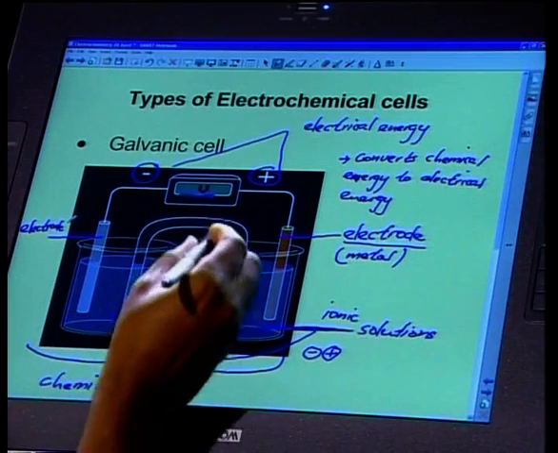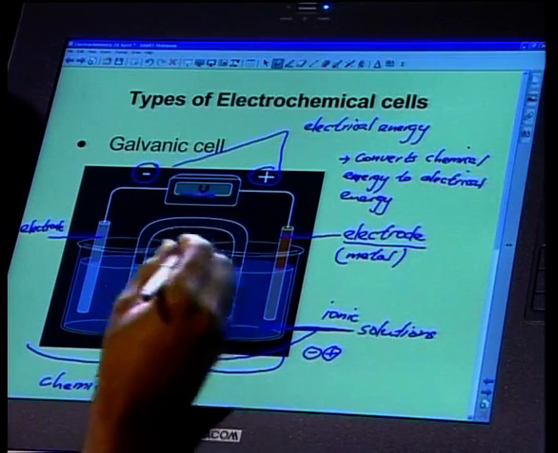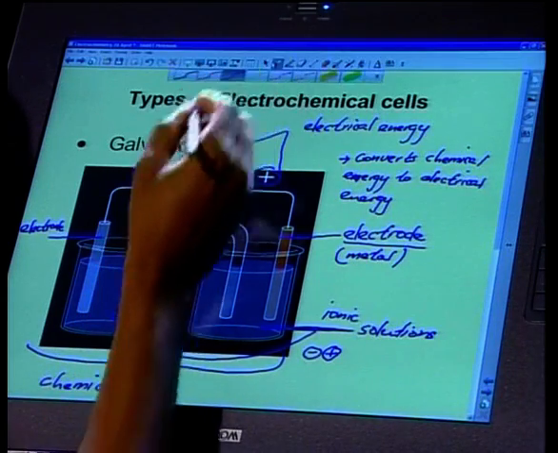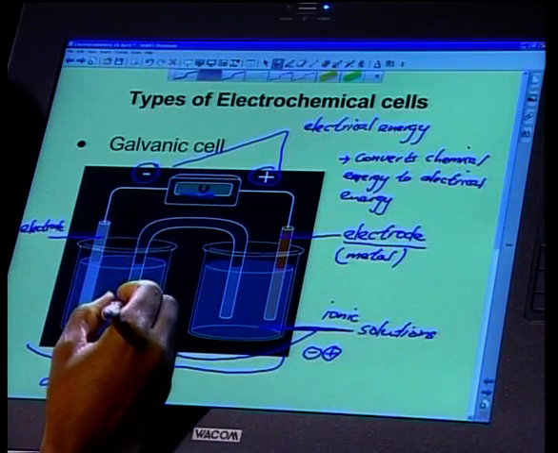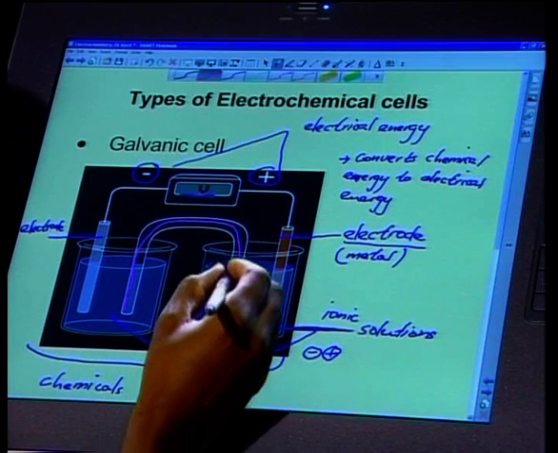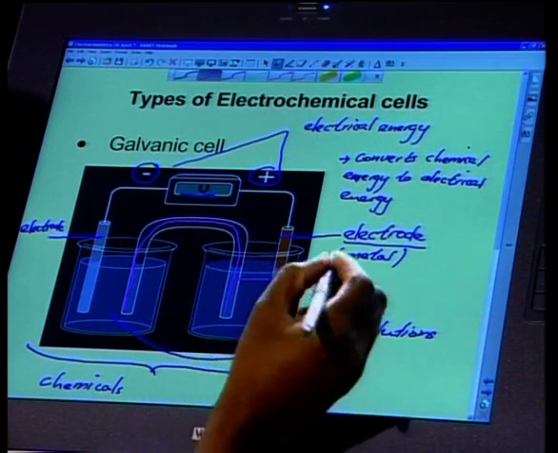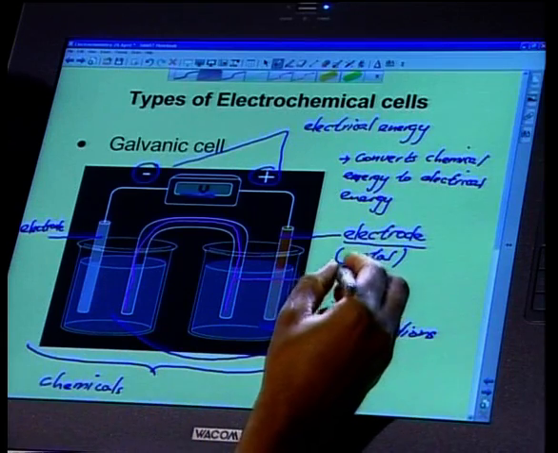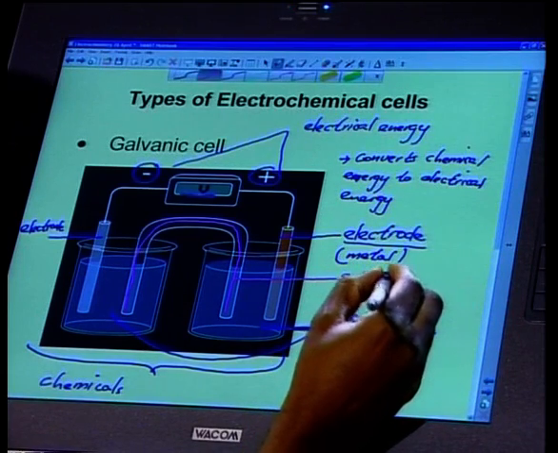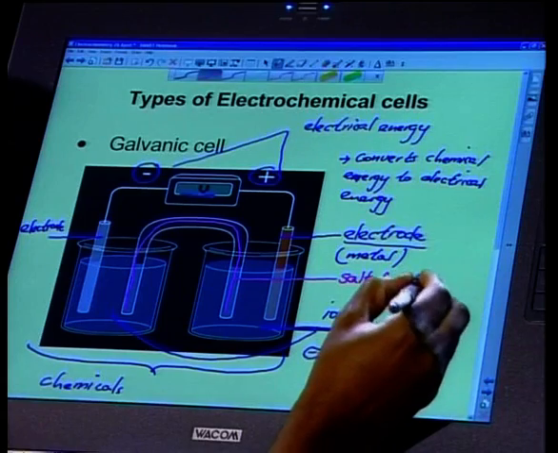Right. This part here is very important. This part here that goes from one solution to the other. Now this part, made of a U-tube, is called the salt bridge. Okay? Salt bridge.